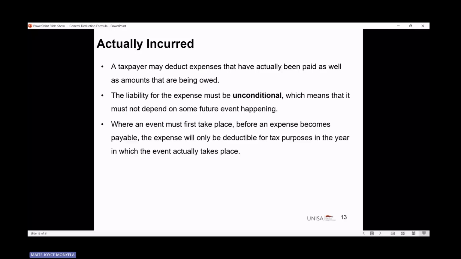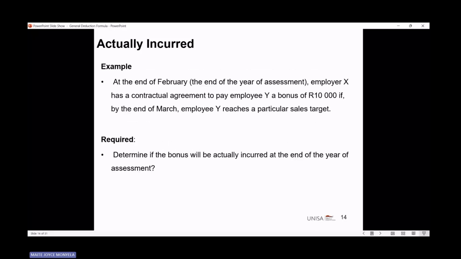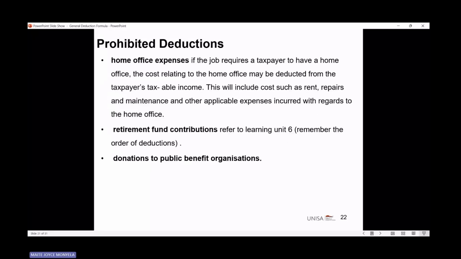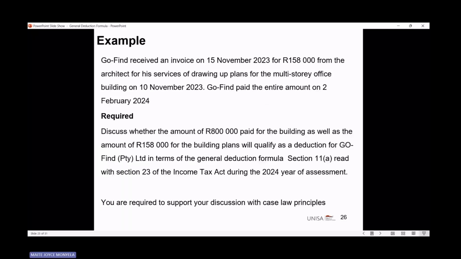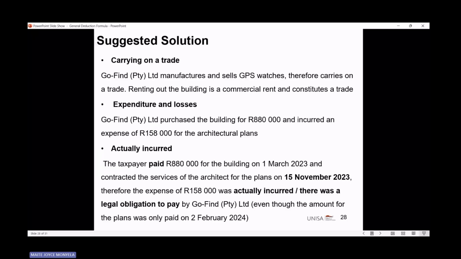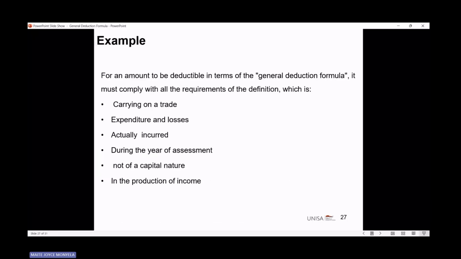The liability for the expense must be unconditional, so there must not be any outstanding event. We did an example. Let's go to our question, the solution. So we are testing actually incurred, which is the third requirement of the definition.